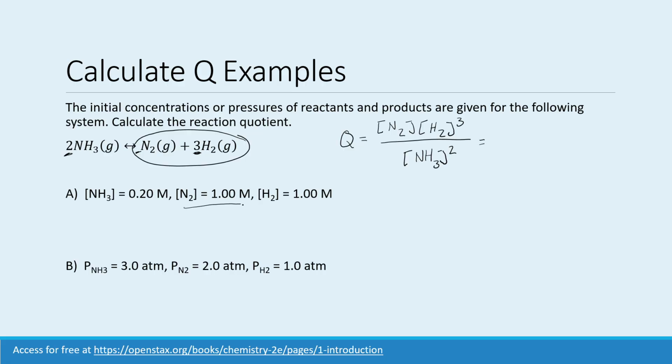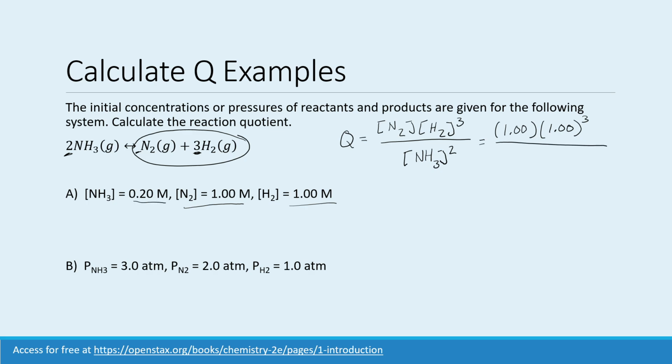Okay, so we can plug in the molar concentrations that were given. For the nitrogen gas, that's 1 molarity. And remember, we can ignore the units because our values for Q and K are going to be unitless. And hydrogen gas, also 1 molarity, raise that to the 3rd power.